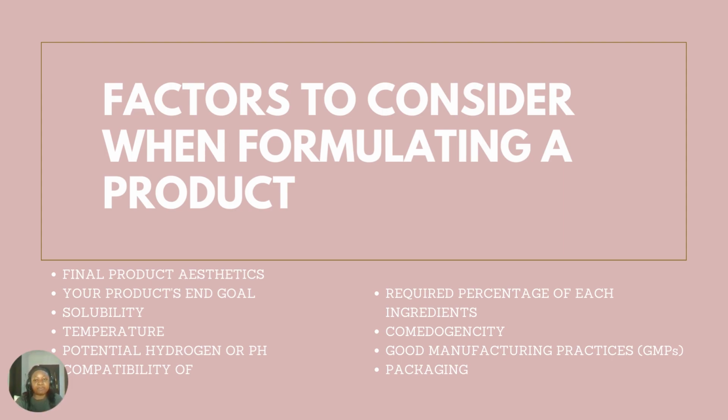So, for example, when formulating skincare products, let's say you want to produce a white lotion. This means you have to avoid colored ingredients that will affect the final color of your product. That's what we mean by final product aesthetics.